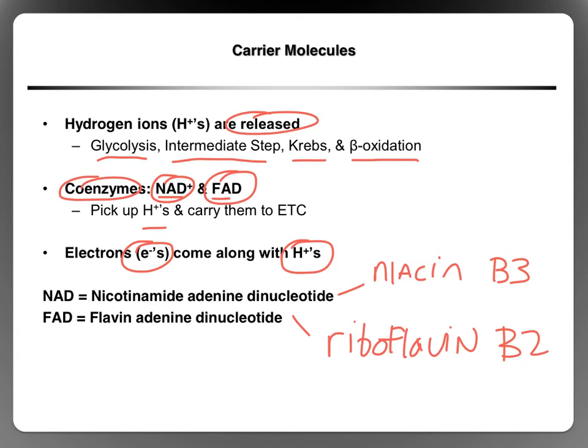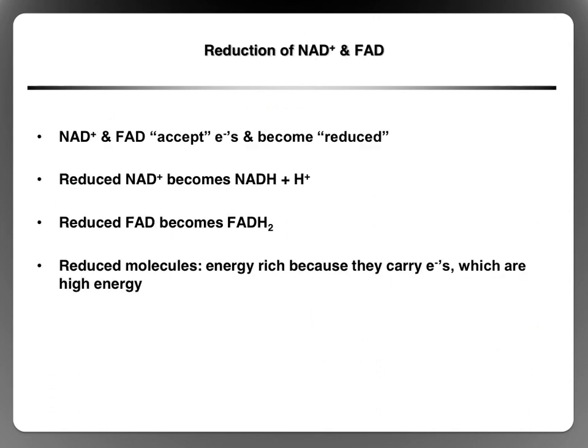So let's talk a little bit more about NAD and FAD and how they work. We have a process called reduction and oxidation. Reduction means that some carrier, and our carrier is either going to be NAD or FAD, accepts hydrogens and electrons and becomes reduced. When any substrate takes electrons from another substrate, we say that substrate becomes reduced.